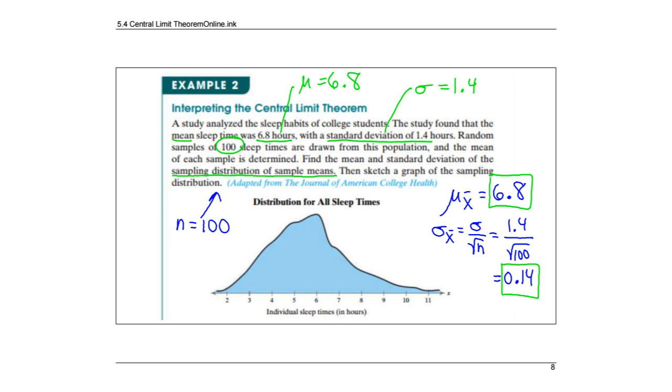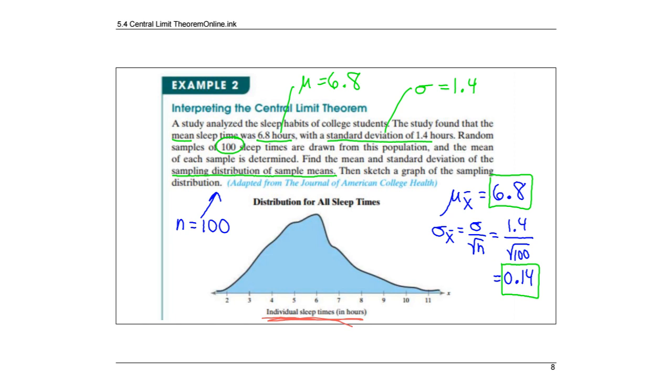Okay, so let's see what they want here. They did a study that analyzed the sleep habits of college students. You can see we have the sleep time in hours on the number line, and the data points are how many students have that sleep time.